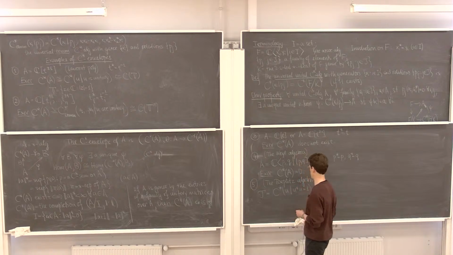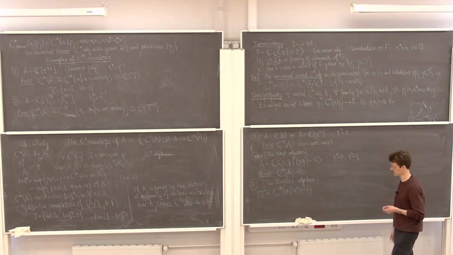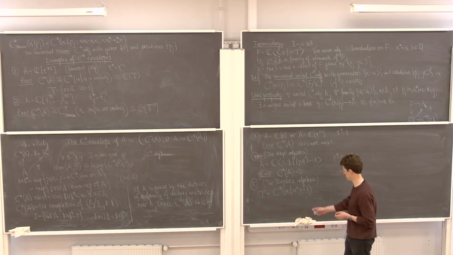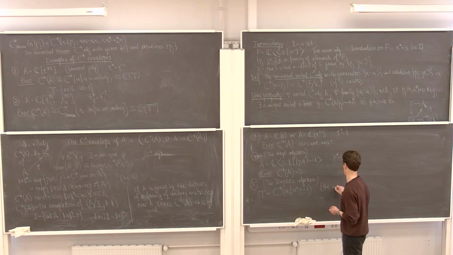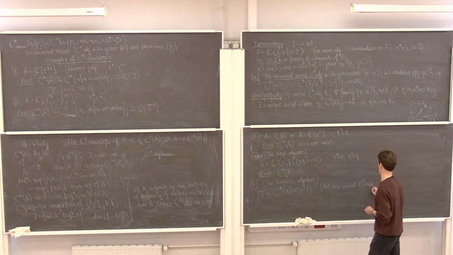So what is an isometry? In an abstract unital star algebra, an element U is called an isometry if it satisfies this condition.